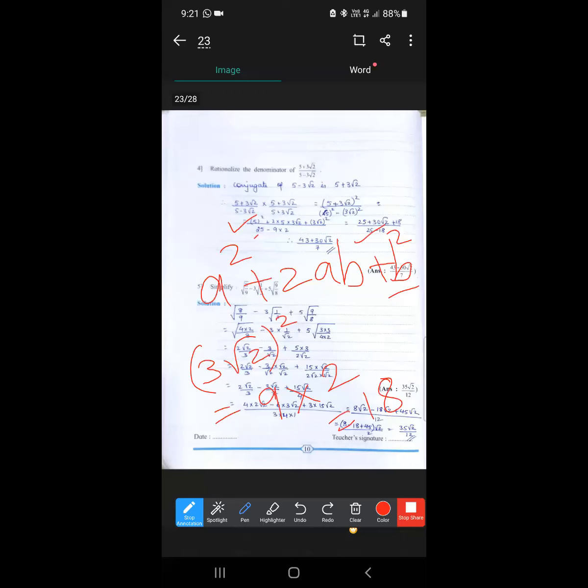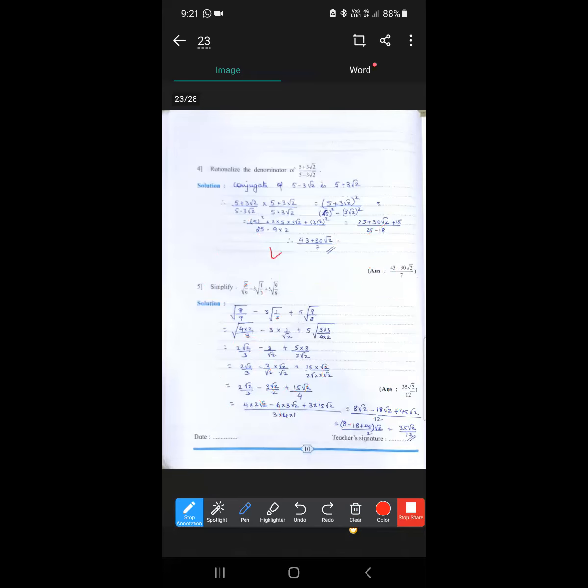Here 5 square is 25 plus 2 into 5, 10, 10 into 3 is 30, 30 root 2 plus 18. And in the denominator 25 minus 18. So after simplification you will get what? 43 plus 30 root 2 upon 7.